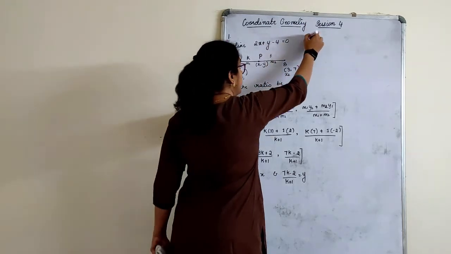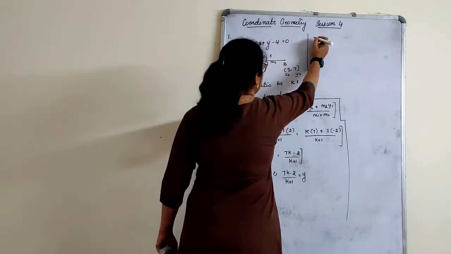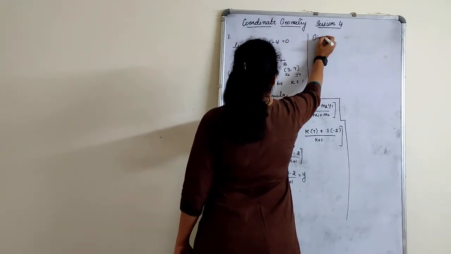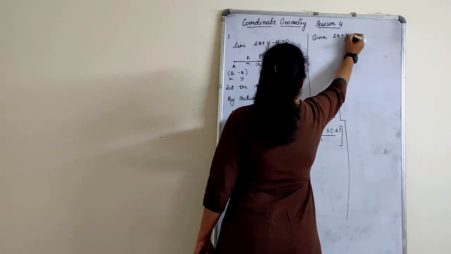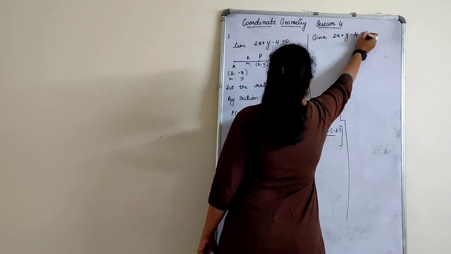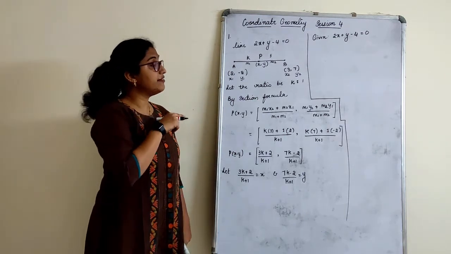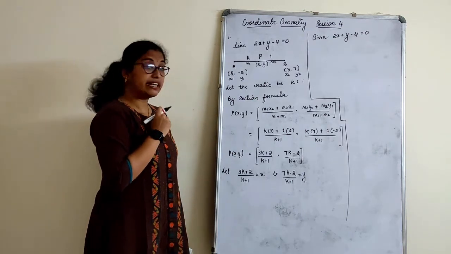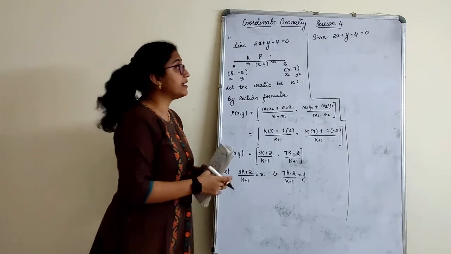Now do I have a given line here? Yes. What is that line given? Given 2x plus y minus 4 is equal to 0. Can I substitute the value of x and y here so that I can find the ratio properly? With the help of this I can find the ratio k here.